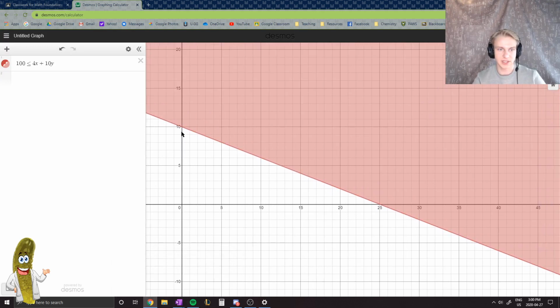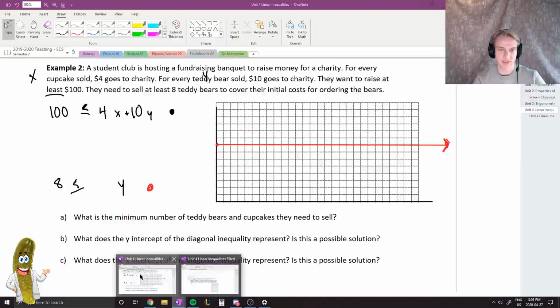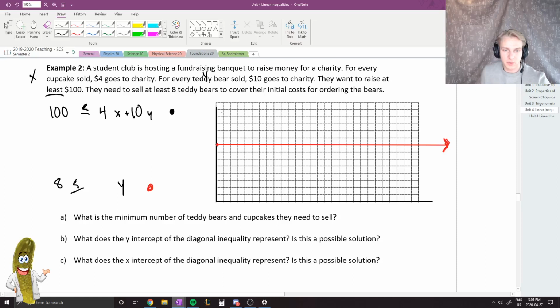We have a y-intercept of 10 and an x-intercept of 25. So we have a y-intercept of 8, 9, 10. X-intercept of 25, 1, 2, 3, up to 25, right there.